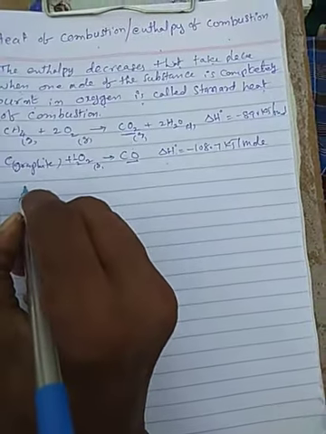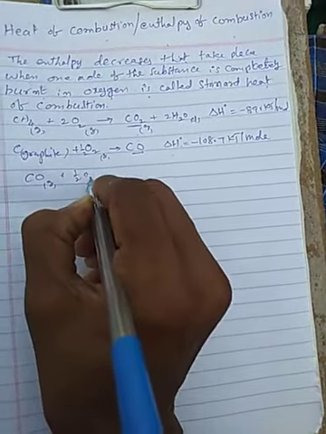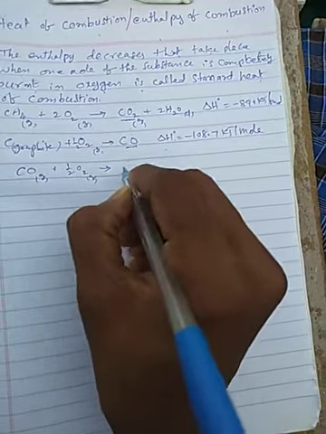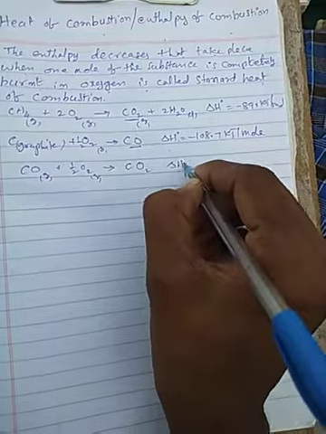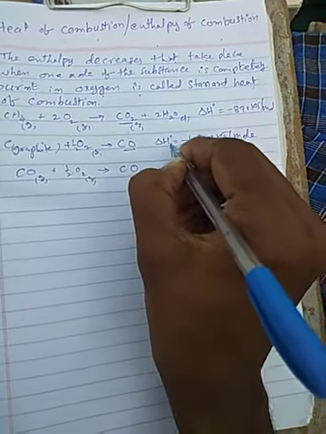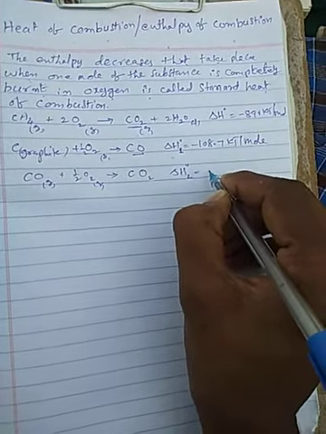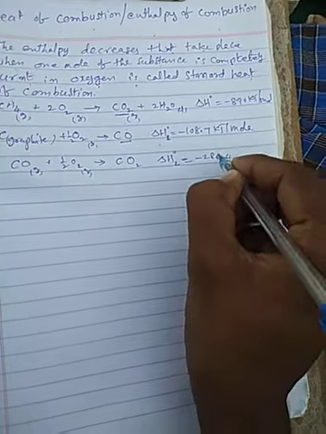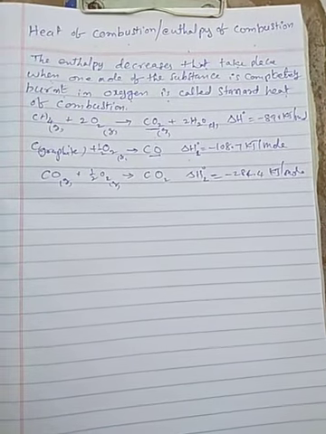Now once again, the CO, a gas, is burned with oxygen to form CO2. This is the heat of combustion of the second reaction, which is minus 284.4 kilojoule per mole.